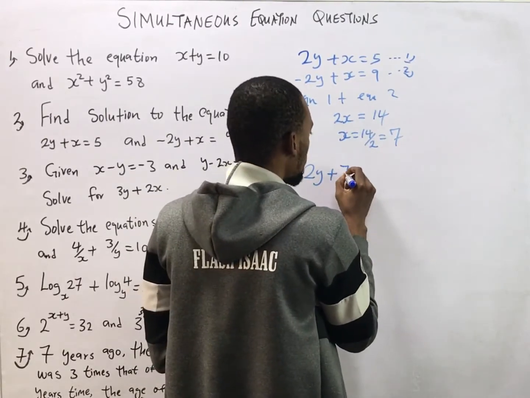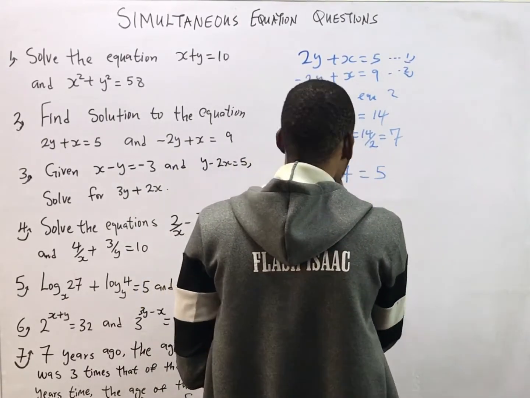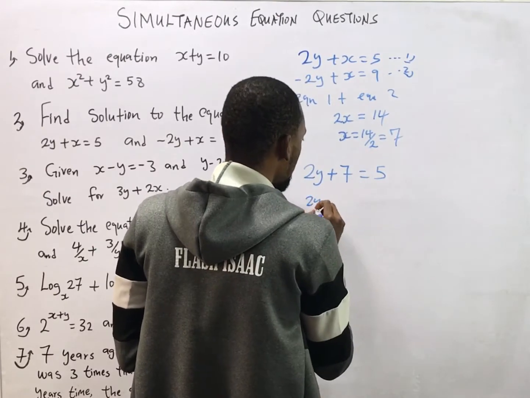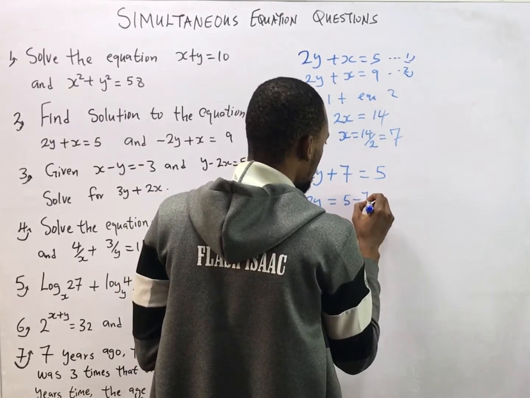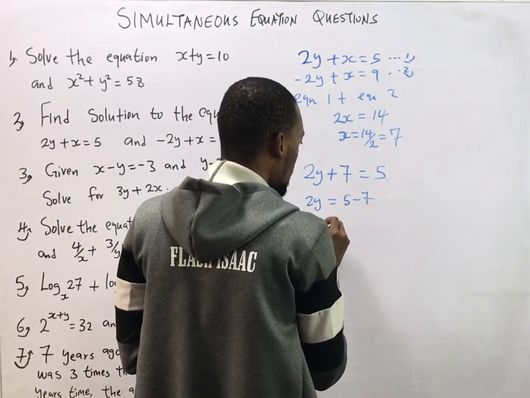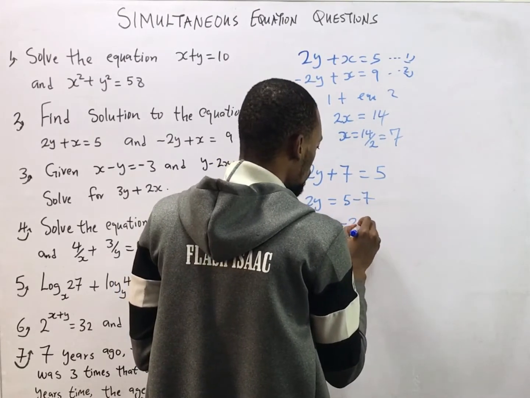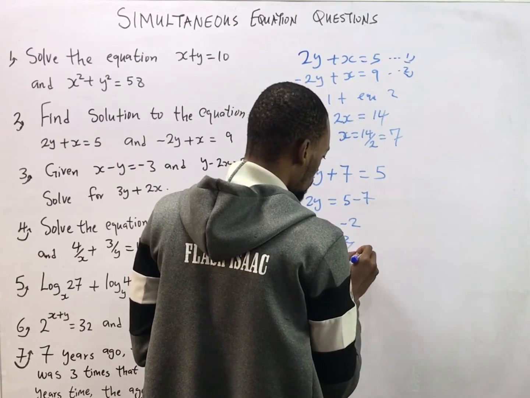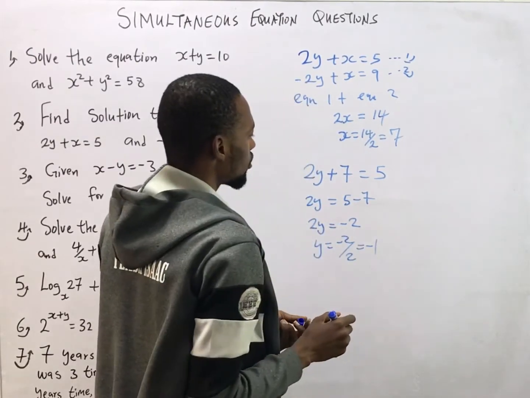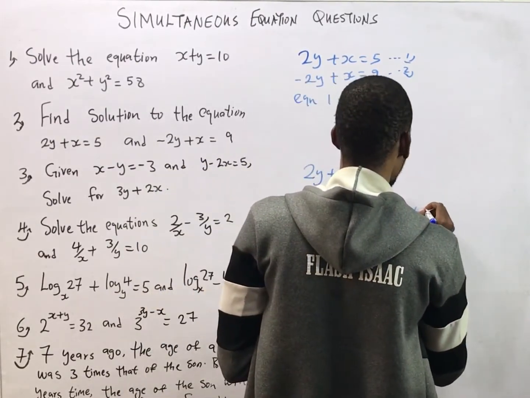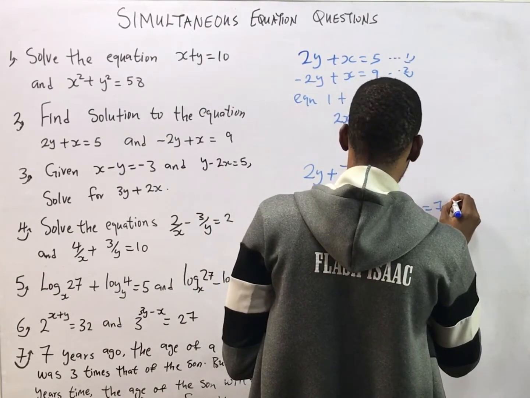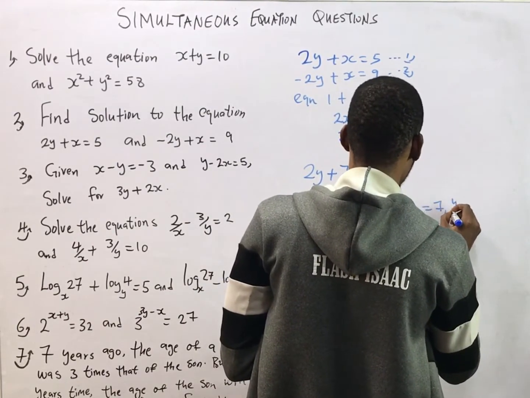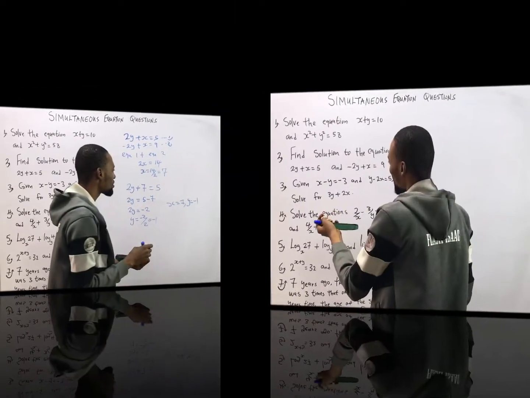So 2y plus 7 is equal to 5. 2y is equal to 5 minus 7, so 2y is equal to minus 2. Y is equal to minus 2 over 2, to give you minus 1. So the solution to this equation is s is equal to 7, y is equal to minus 1.